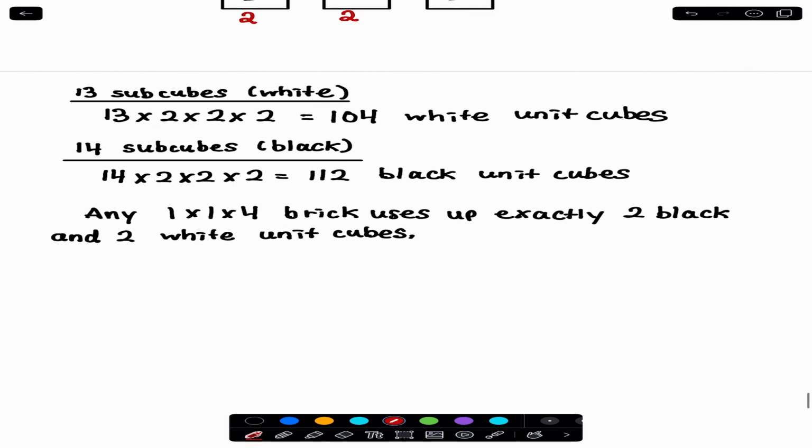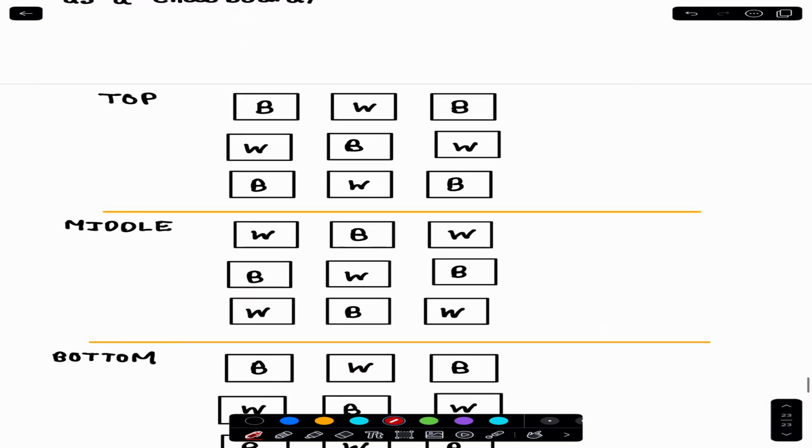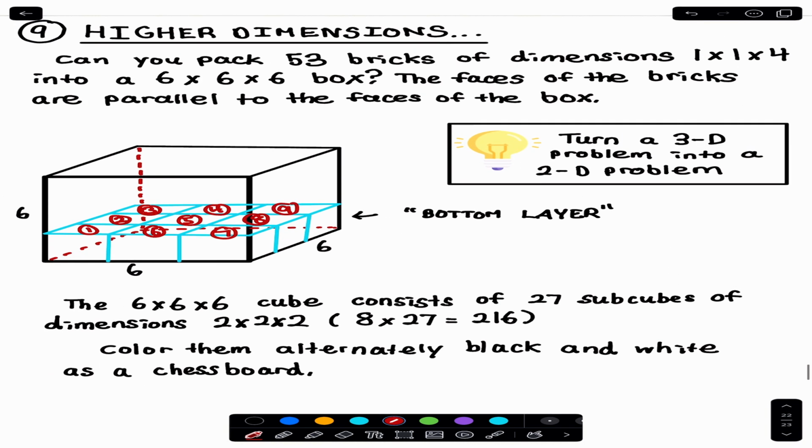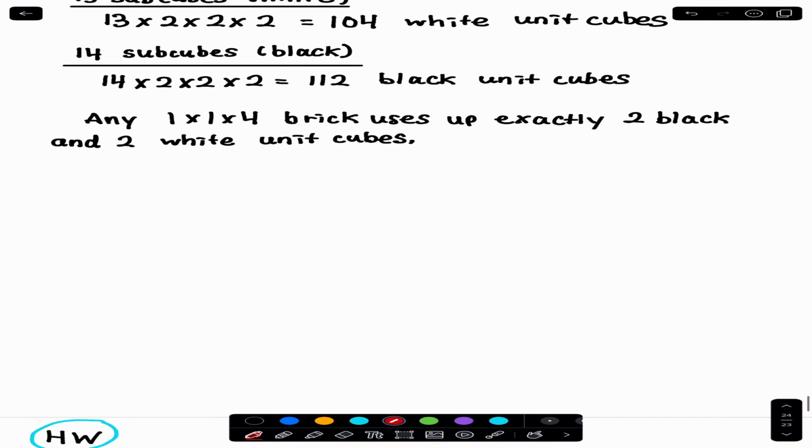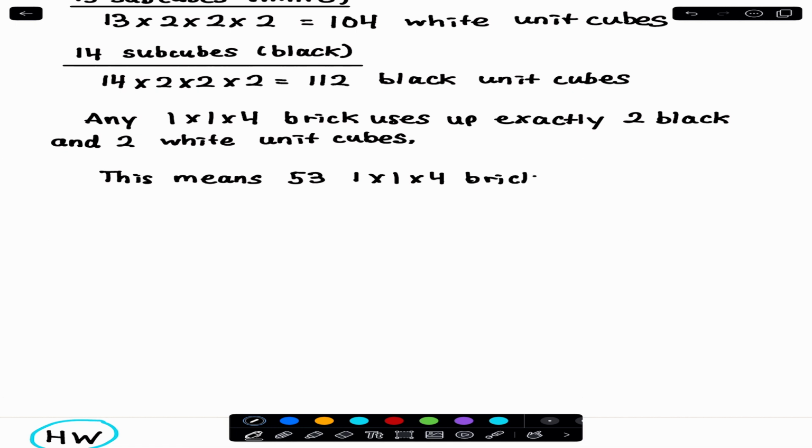This means that if we have, let's go back, so we have 53 bricks of dimensions 1 by 1 by 4. Sorry, I should be black, so this means 53 1 by 1 by 4 bricks equals 106 white cubes used up.